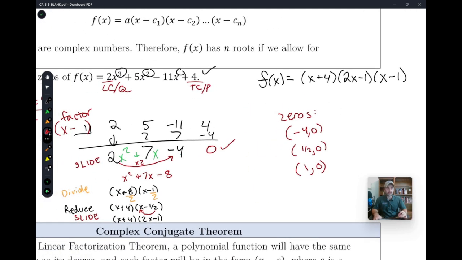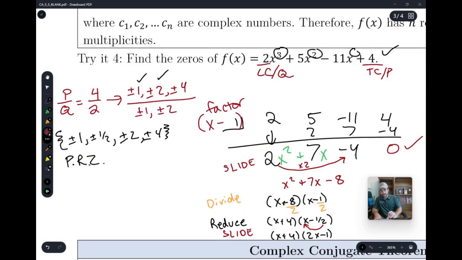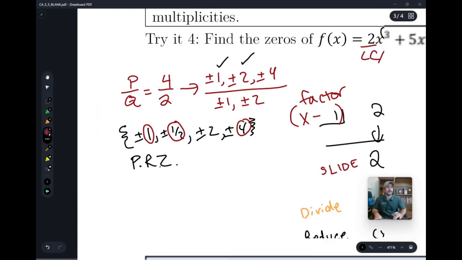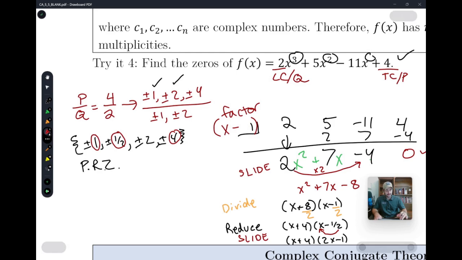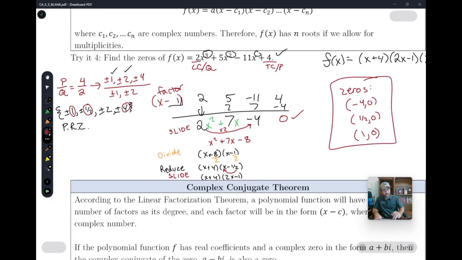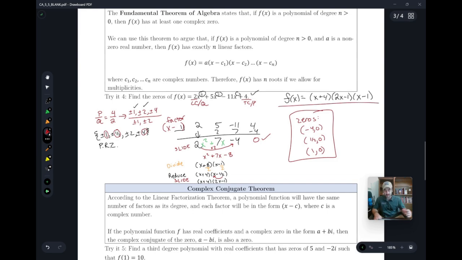And the question to ask yourself is, were those all zeros that were potential rational zeros? Look right there. We got our 1, we got our 1/2, and we got our 4. So it seems to check out that those were all possible rational zeros, which is a great result. So we have our zeros, and we have our fully factored form up above if you wanted to do that as an extra step.